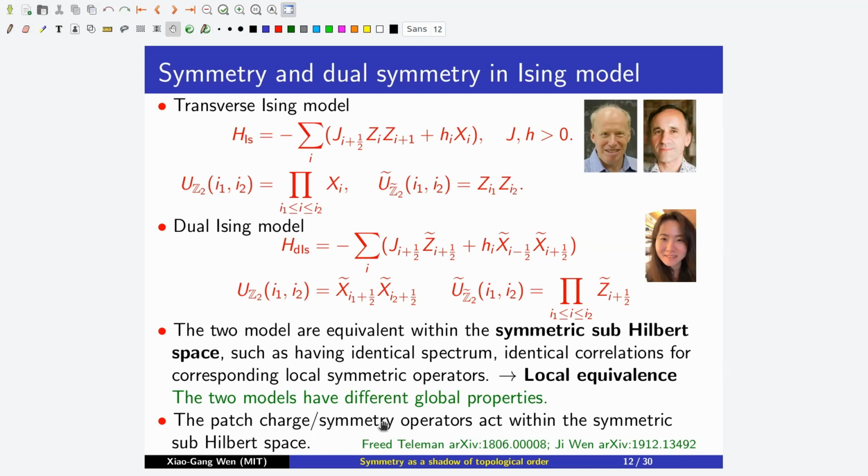They act within symmetric subcarrier space, but those operators can help us to extract information about symmetry. So this is a shift of the point of view of looking at the symmetry, not using global symmetry transformation. We look at symmetry within the symmetric subcarrier space and only use operators which are symmetric, and then try to extract symmetry out of those.